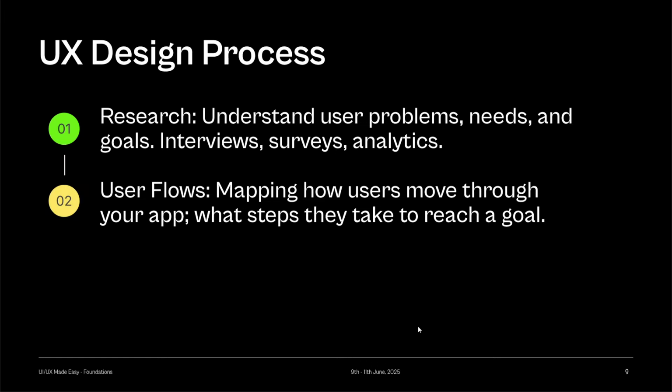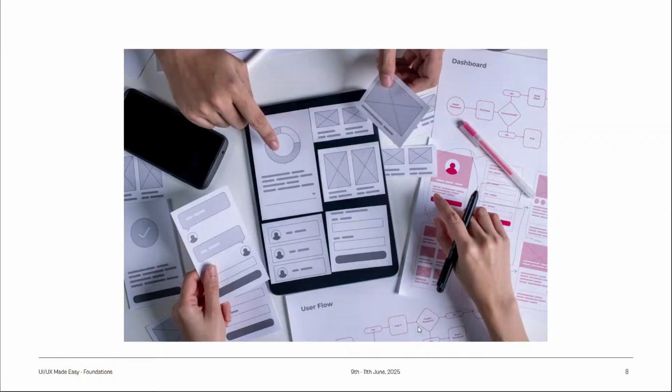And maybe he wants to send money. Where would the person go? What would the person type? Where would the person type? How will the screen be when the person wants to type? Is there something that you want to add to it? Those are what are involved in user flow, and that's what we can see here. This is what they are planning. Like this is like a chat app.